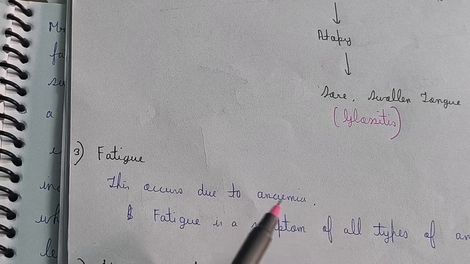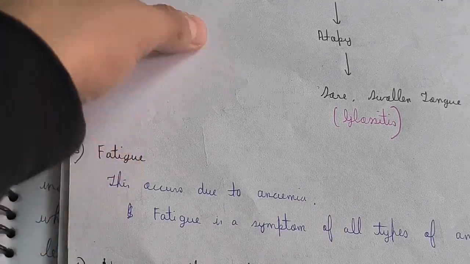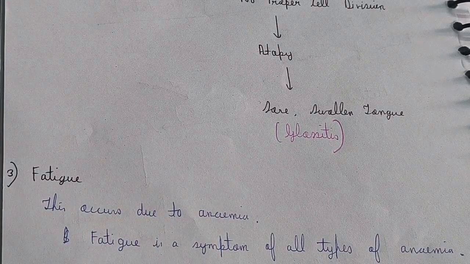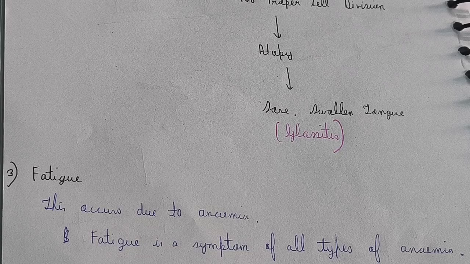Now, fatigue. Fatigue is a common symptom that occurs in all types of anemia. It occurs because there is less hemoglobin, so less oxygen, so less energy, because oxygen is required for energy generation.